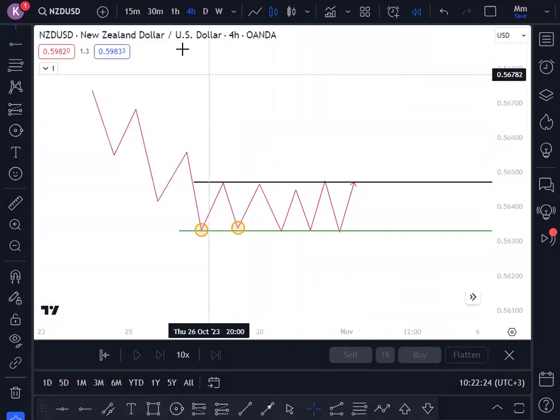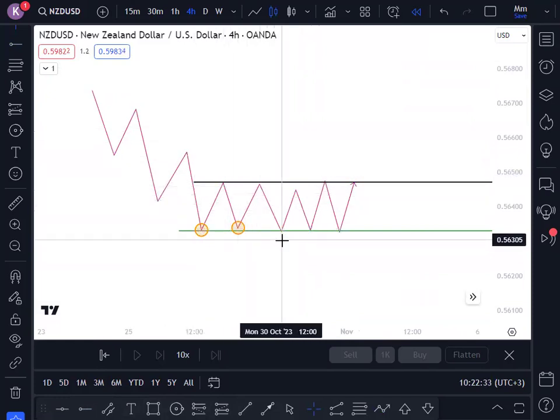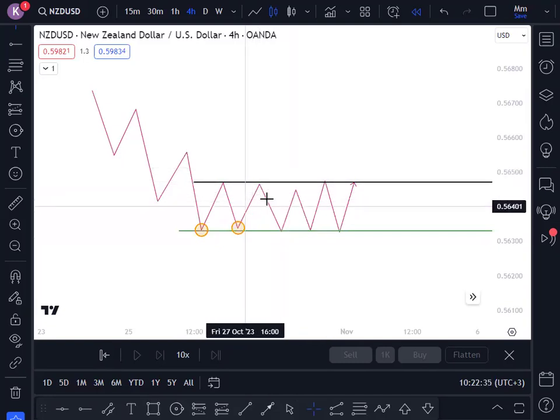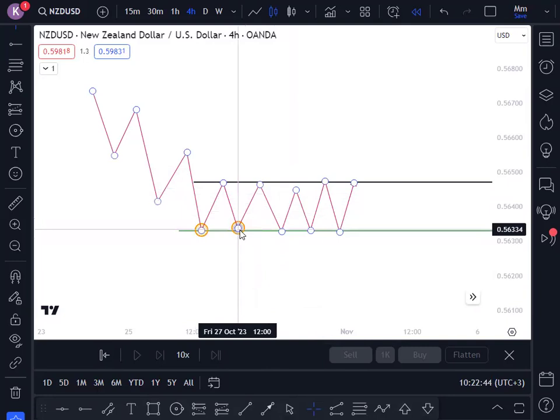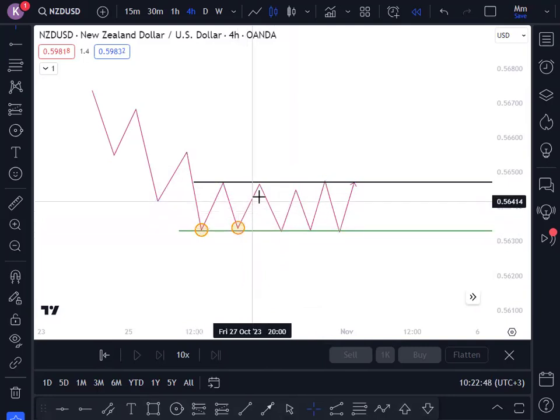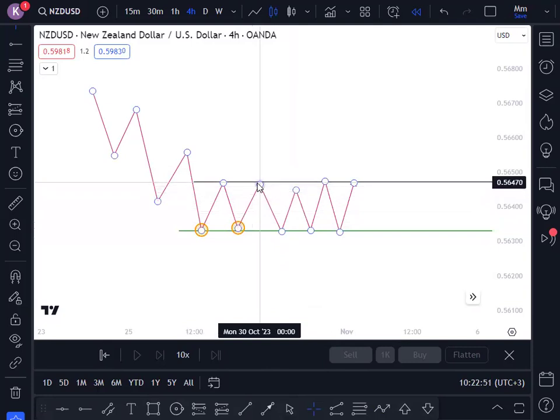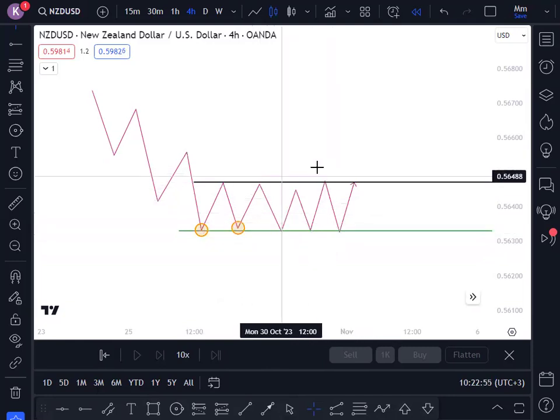Whenever the buyers try to push the market to the upside, the sellers get into the trade and reject the buyers from going on or pushing further. So that is the resistance, sellers pushing the market downside, and the opposite for buyers, whenever they buy and then the sellers reject the market from going forward.